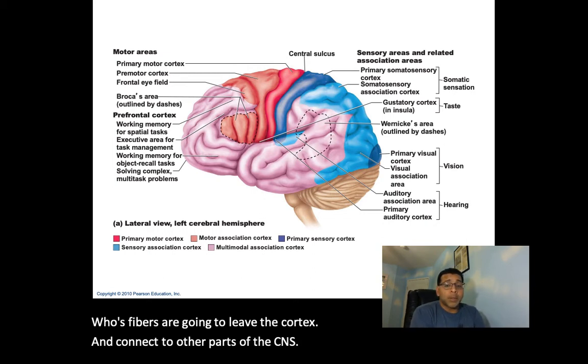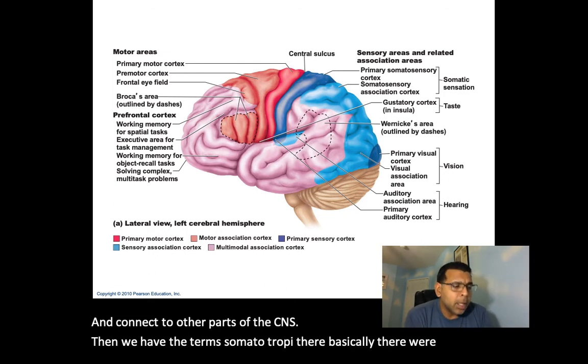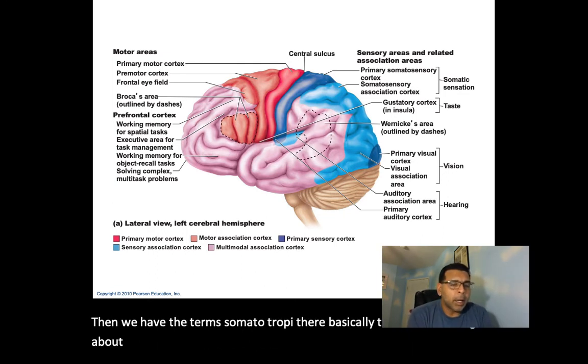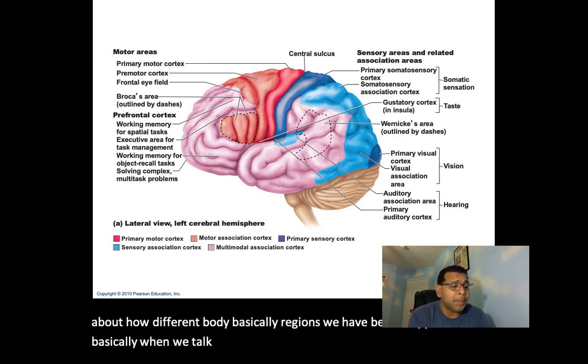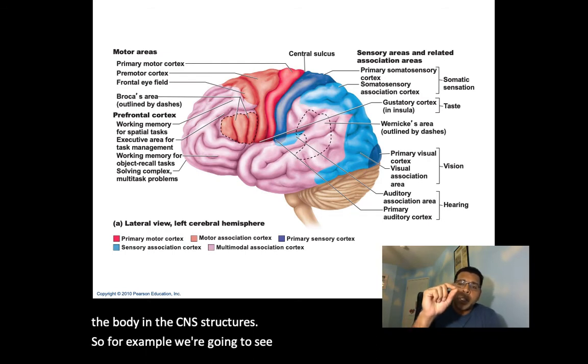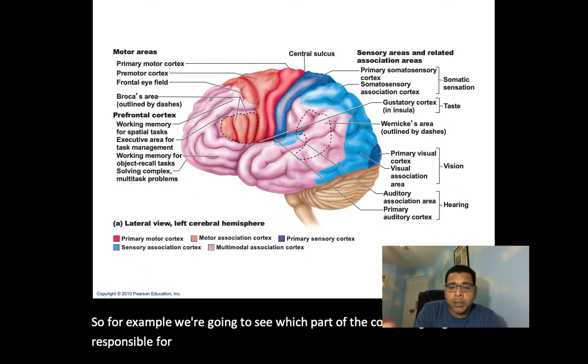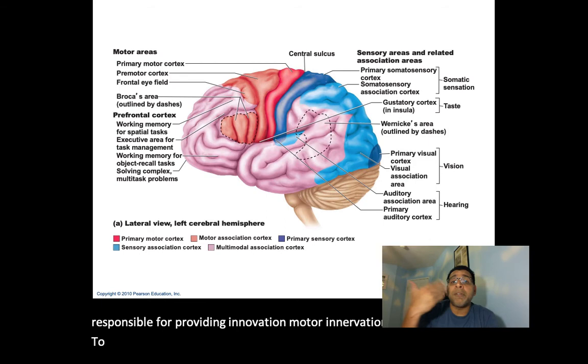Then we have the term somatotopy. Basically, different body regions have been mapped out. Somatotopy is the mapping out of the body in the CNS structures. For example, we see which part of the cortex is responsible for providing motor innervation to the foot, the elbow, the face.